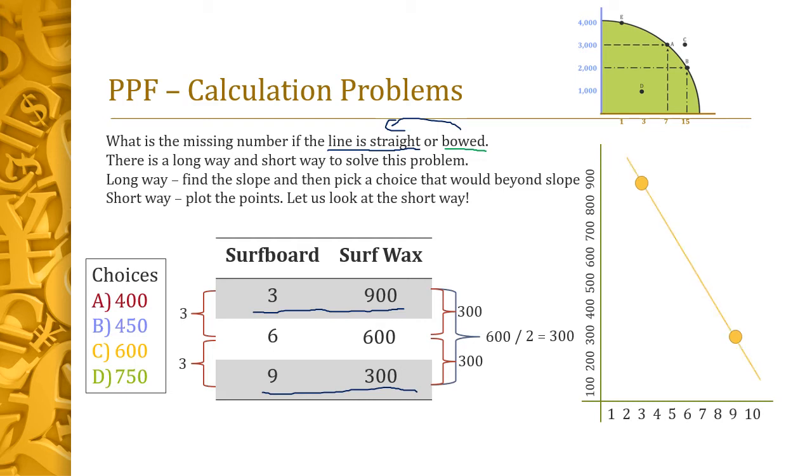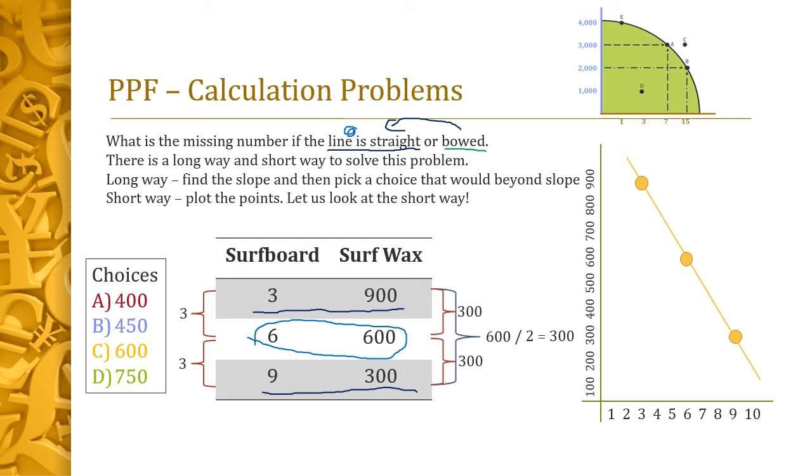We want to draw a straight line because we're being asked for the straight line. Now all we're going to do is check whether or not the 6 and the 600 would fall on that straight line. And if we plot it, sure enough, it falls on the straight line.